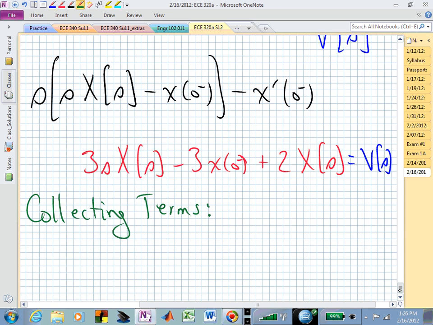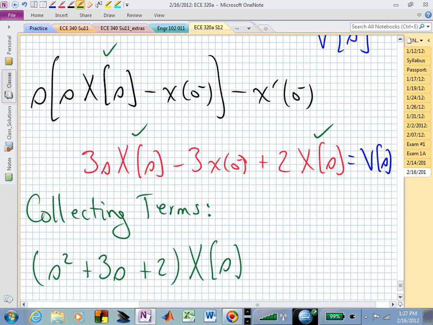What is scaling capital X of S? I have an s squared, I have a plus 3s, and I have a plus 2. All of those coefficients multiply capital X of S. So that gets that piece, and that piece.